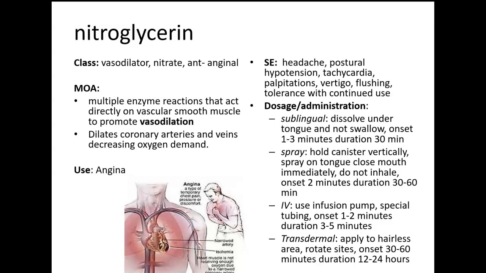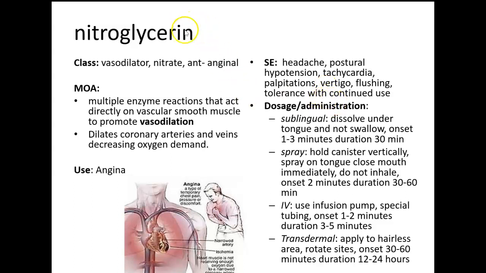The problem with it is it can cause a significant headache, and because it's a vasodilator, all the side effects are related to vasodilation, right? We're going to have hypotension, maybe rebound tachycardia, heart palpitations, vertigo, which is just dizziness, right? Flushing.